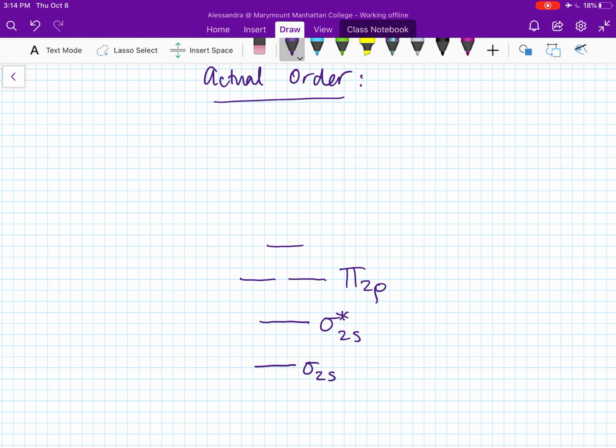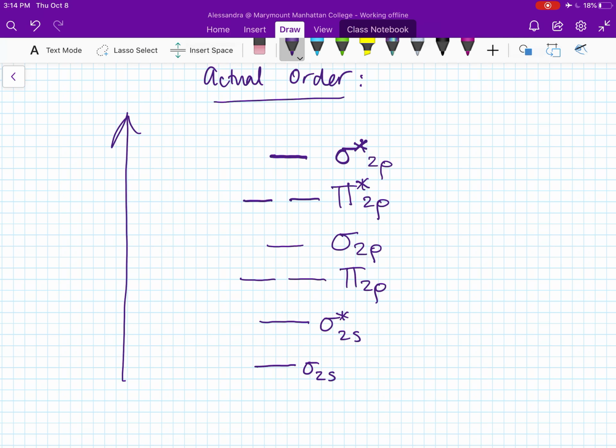So this is where that unexpected inversion occurs, followed by the sigma 2p. Then we have everything else as expected, the two pi star 2p's, and finally the one sigma star 2p. So these are all the molecular orbitals, and this would be the energy scale on the y-axis here.